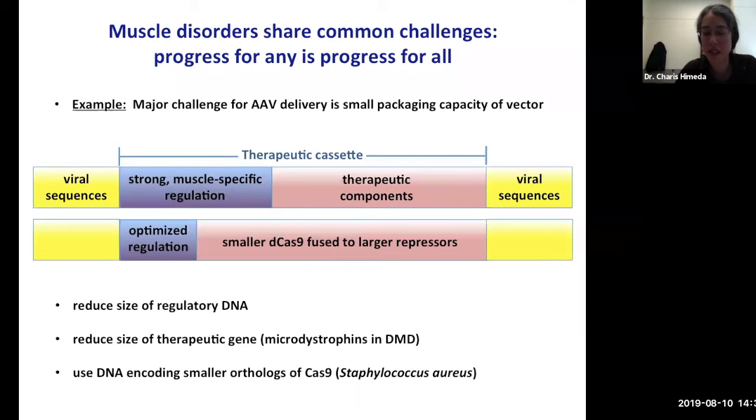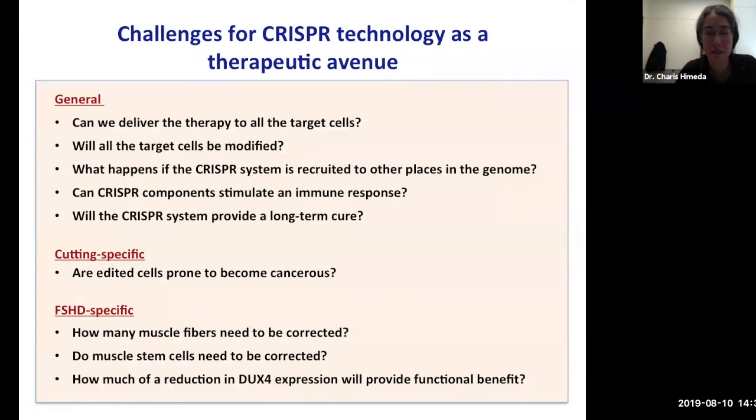We will test our best CRISPR system in these mouse models. After that, I don't know really how much more we can do if that data is promising. So hopefully within a few years, CRISPR for FSHD will be in the clinic, in a clinical trial.